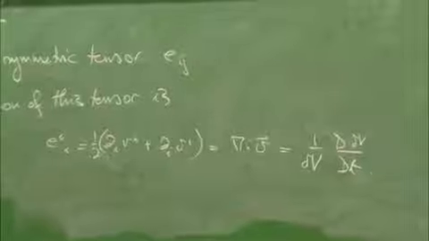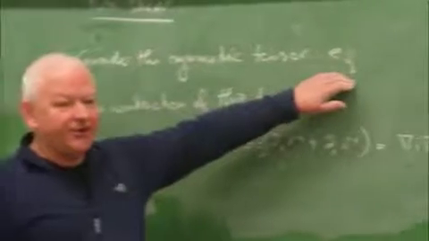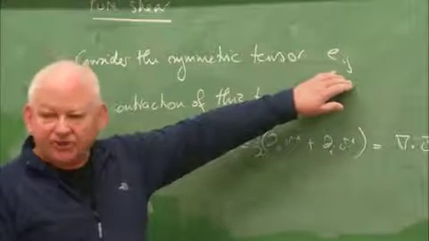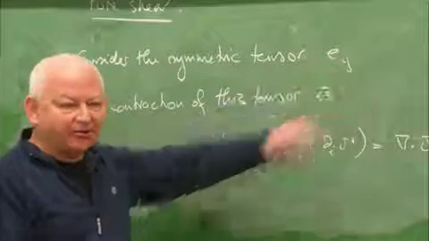So what this tells you is that if our tensor eij does not have zero trace, then there is a volume expansion.